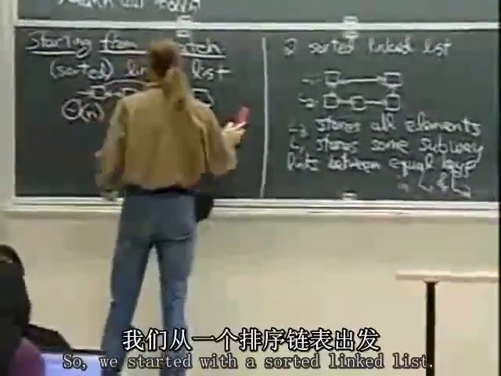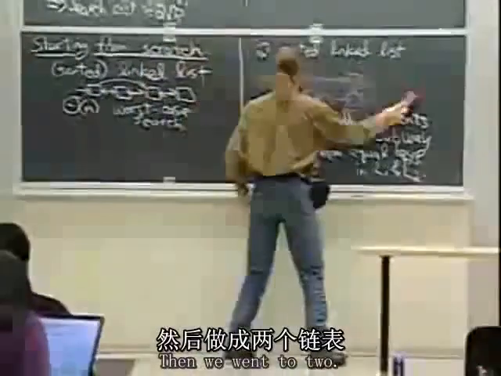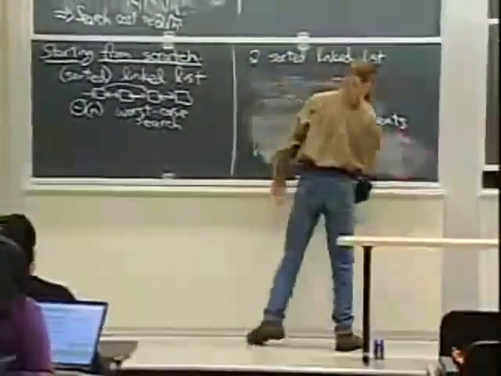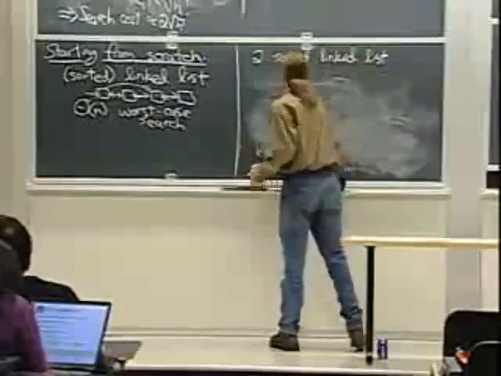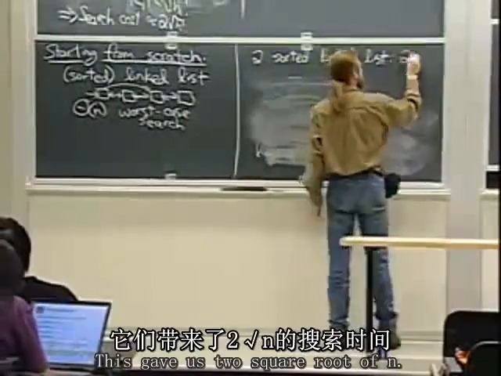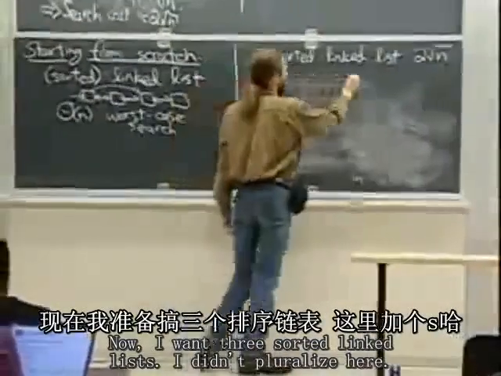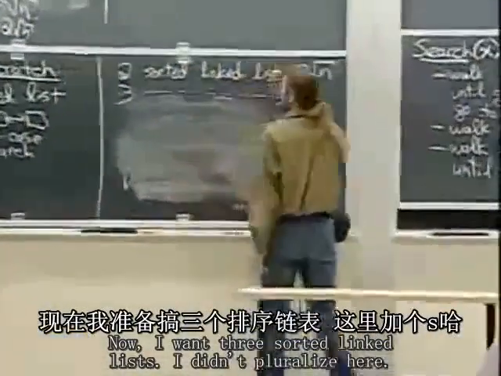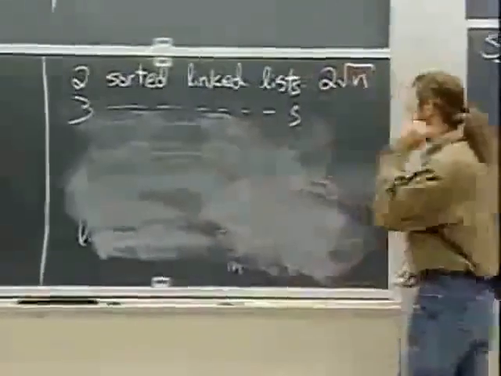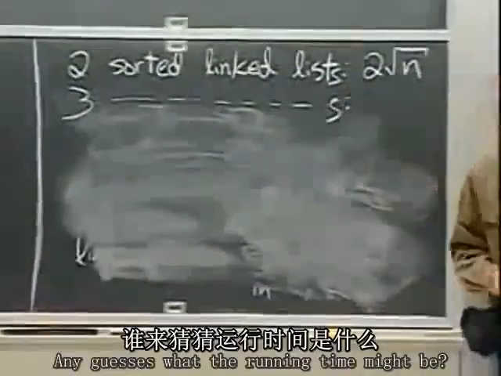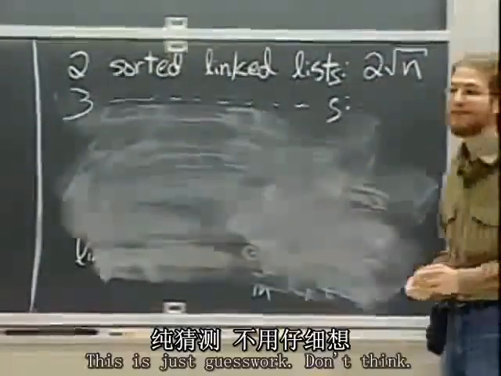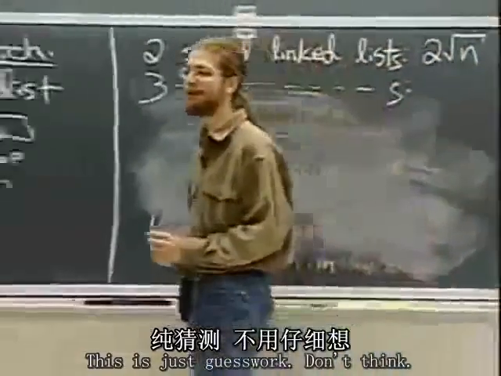So we started with a sorted linked list. Then we went to 2. This gave us 2 square root of n. Now I want 3 sorted linked lists. Any guesses what the running time might be? This is just guesswork, don't think.